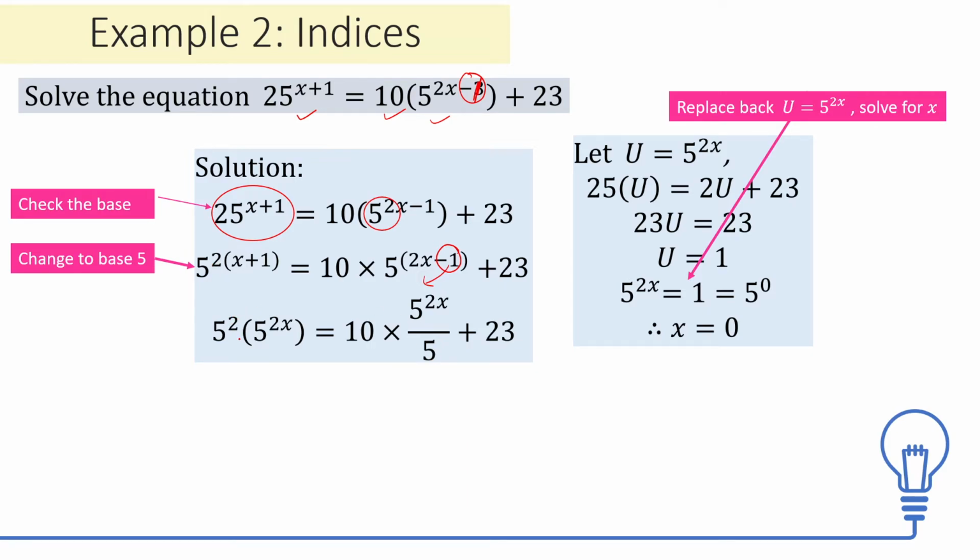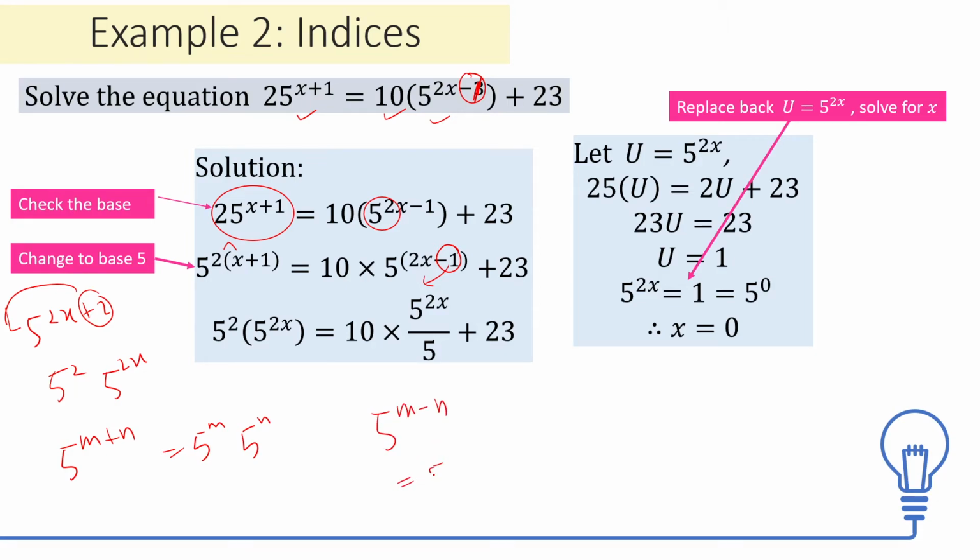Rearranging, 5^(2x+2) is actually 5^(2x) times 5^2, where the plus 2 is brought to the front and the minus is brought down, using the laws a^n times a^m equals a^(n+m), and a^n divided by a^m equals a^(n-m). Please keep this in mind.